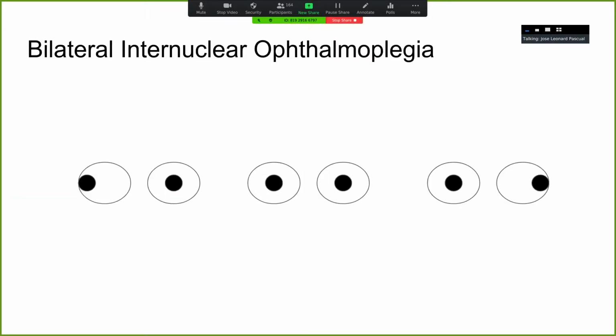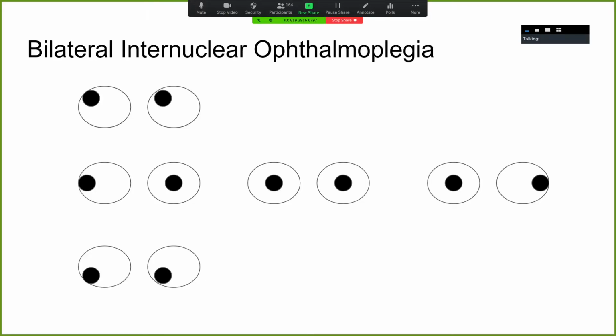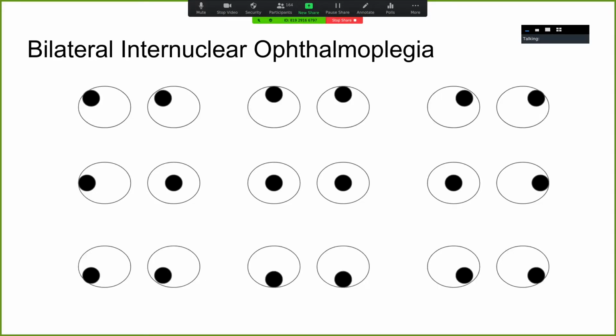Bilateral internuclear ophthalmoplegia is found by making the patient look on the extremes of gaze. So this is what happened on gaze to the right. The left eye didn't follow. Gaze to the left, the right eye didn't follow. Definitely you have gaze initiation because your sixth nerve is working on both sides. So this is your bilateral internuclear ophthalmoplegia. So the problem is on that side where the MLF didn't follow.